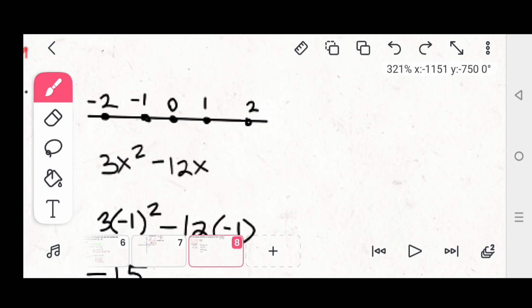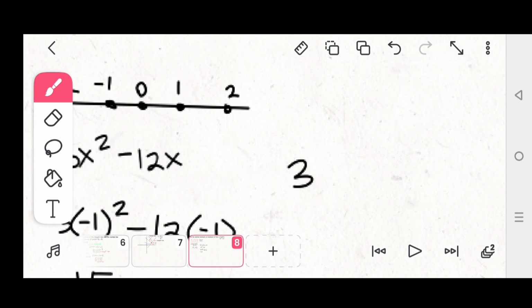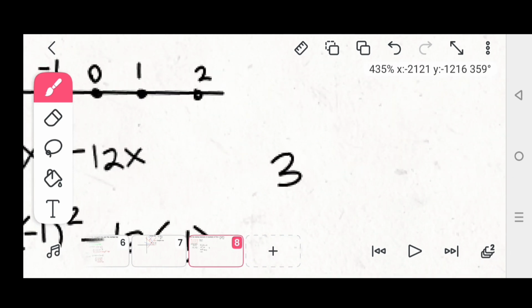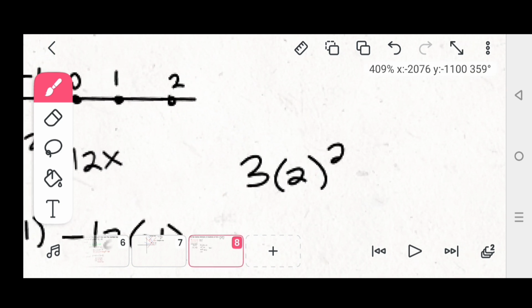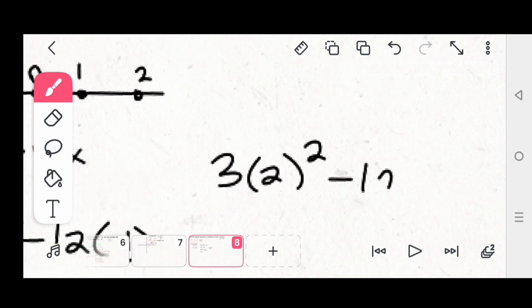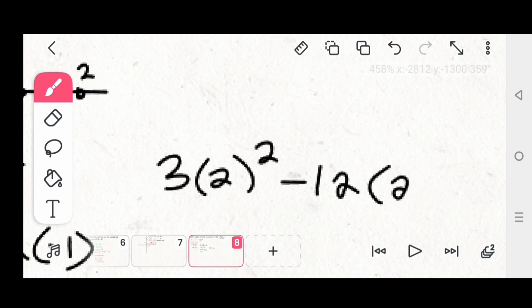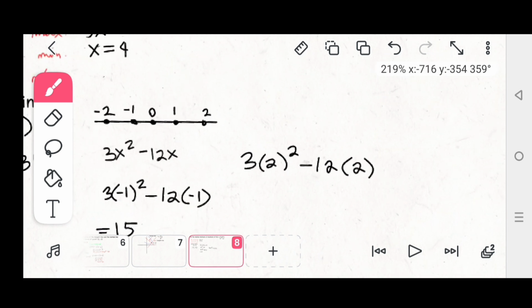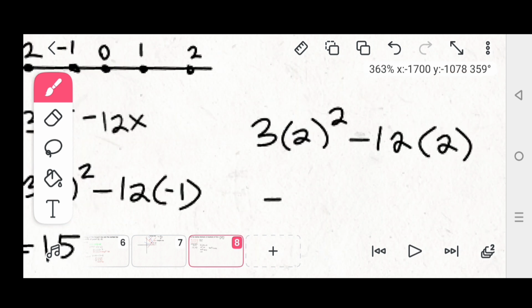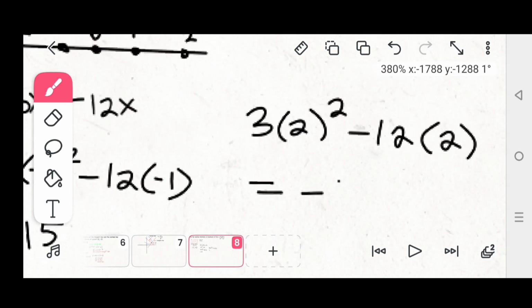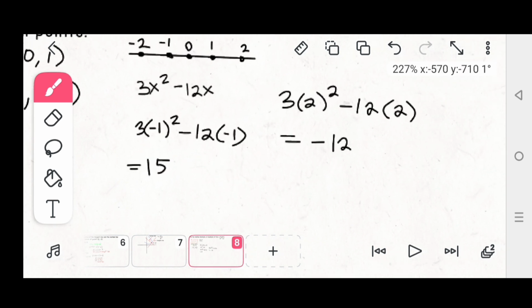So we have to choose any number from the right side, or any number that is more than 0. So let's choose 2. Then let's put this in a calculator to solve, which is equal to negative 12.